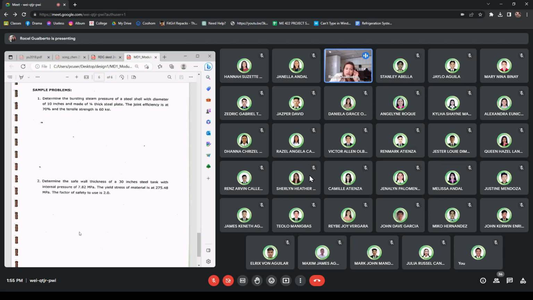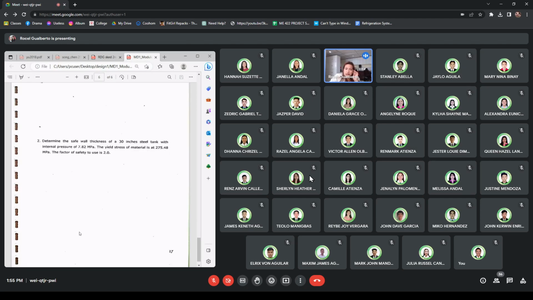Now, for number 2 naman po, okay, you determine the safe wall thickness of a 30 inches steel tank with internal pressure of 7.82 megapascal. Yield stress of the material is 275.48 megapascal. Factor of safety to use is 2. Okay? So this time naman po, you use here a cylindrical vessel. Okay?